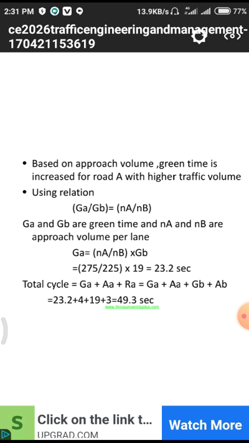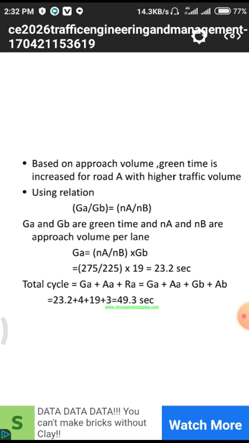Every road has some quantity of green time depending upon its size. If the size of the road increases, automatically this green time period also increases. NA and NB are the approach volumes, that means the number of vehicles on road A and road B. GA means the green light period for road A, and GB the green light period for road B.